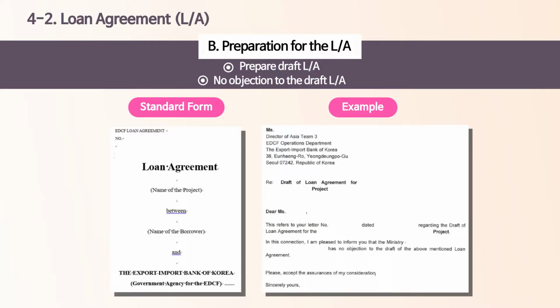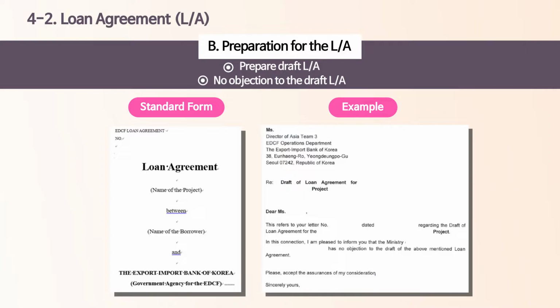When your country needs to change certain articles or contents of the draft LA, please inform the EDCF loan officer. Then, EDCF reviews your request or suggestion and gets back to you with opinions. Generally, negotiation for the LA is accompanied by several rounds of exchanging opinions like this.